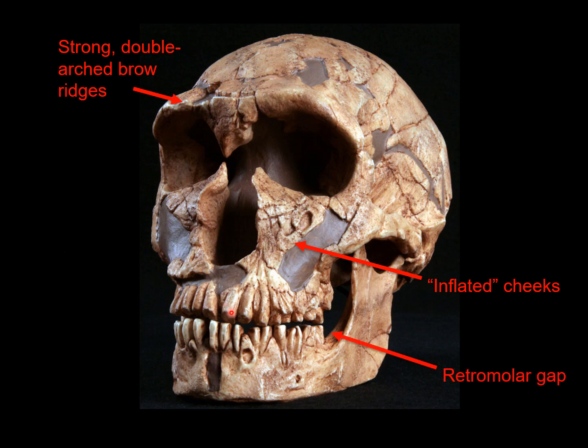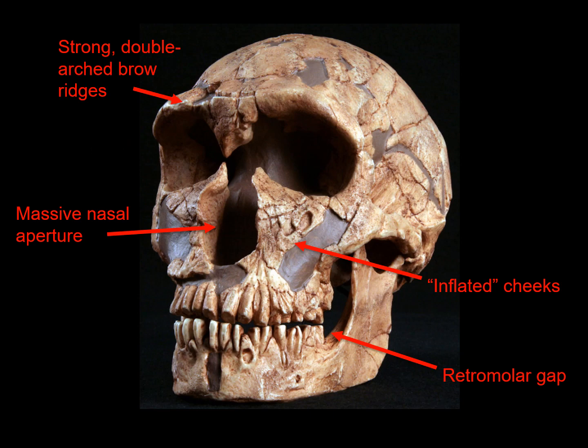And Neanderthals, as I mentioned in the last lecture, have a retromolar gap. So you have a gap between the last third molar and the rising part of the mandible.